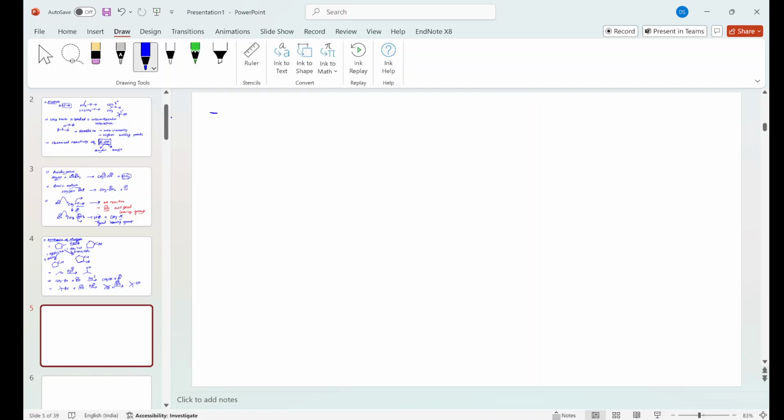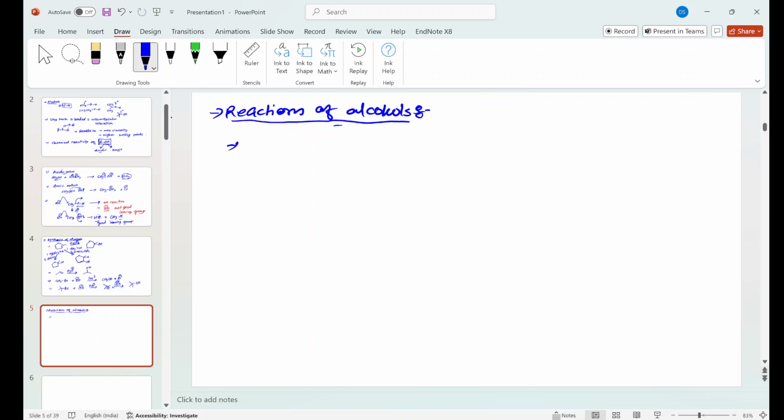So now let us go through the reactions of alcohols, right? Alcohols typically are very reactive.